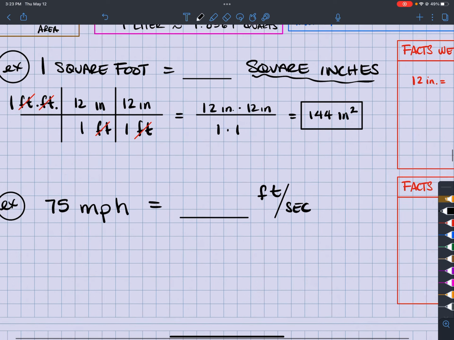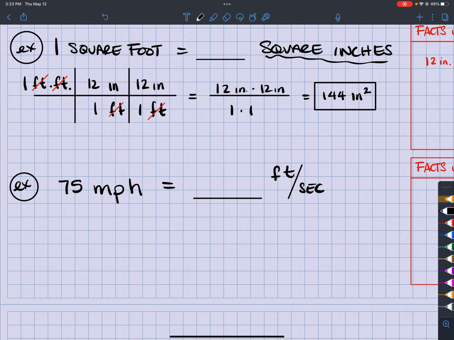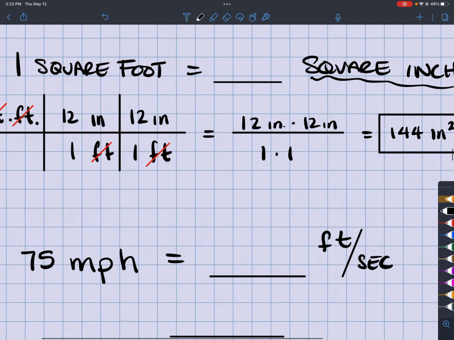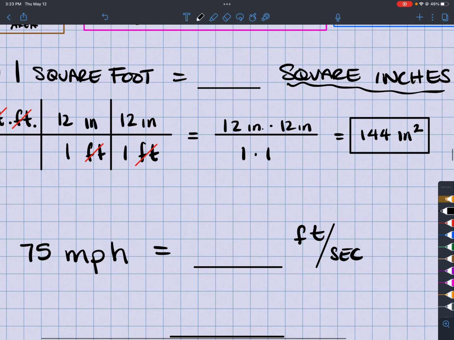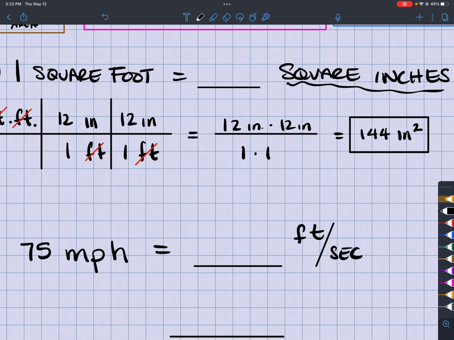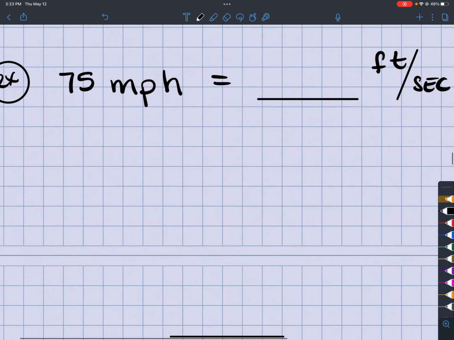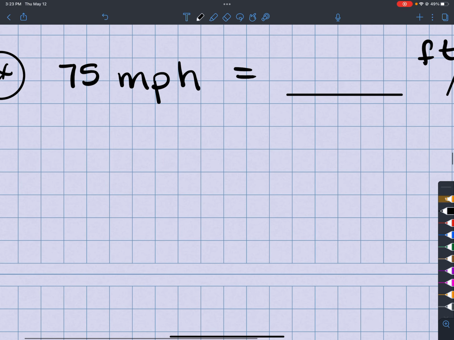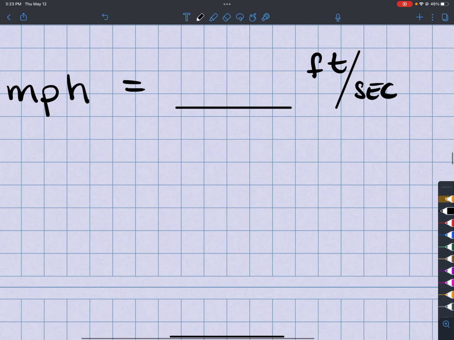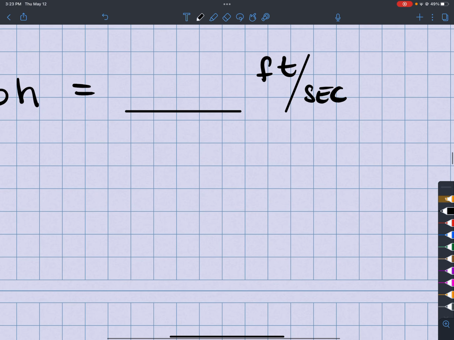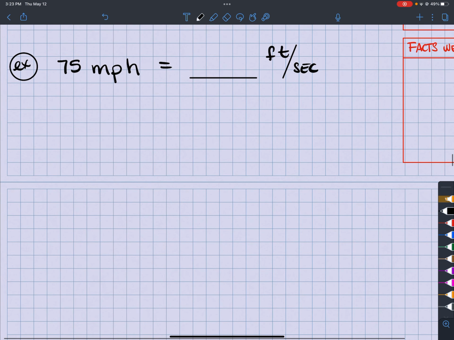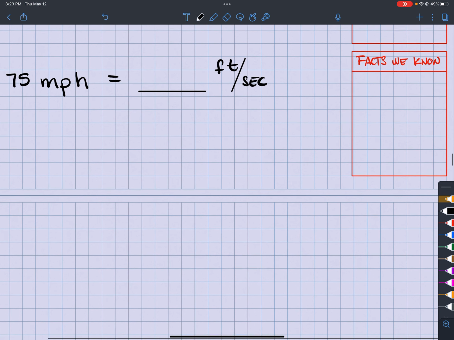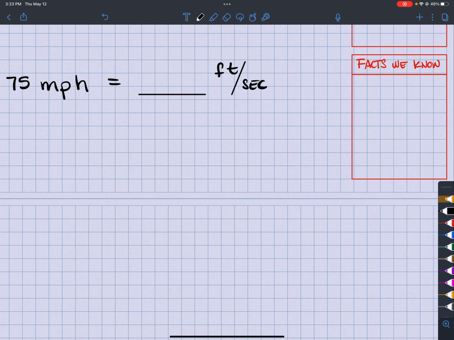So let's go a little bit tougher. Let's do a dimensional analysis on not just one thing. Both of these here are area: square foot is area, square inches is area. So we're dealing with area here. What if we had to do more than one thing, like miles to feet and hours to seconds? If that's the case, let's put down some facts about miles and feet.